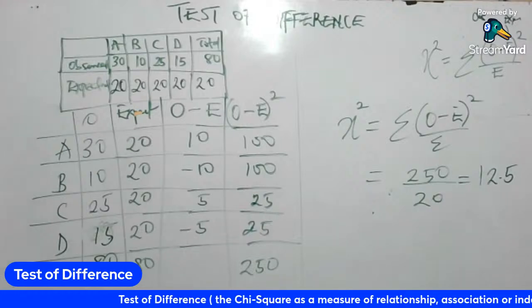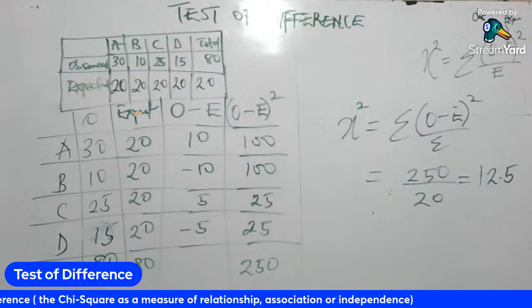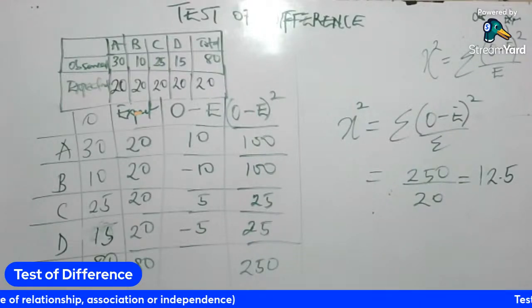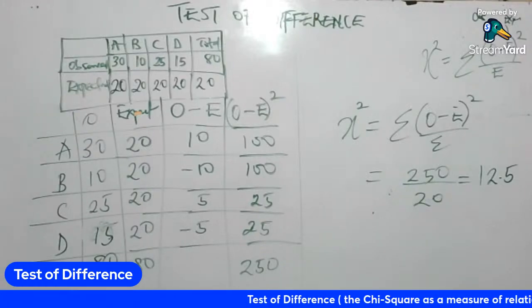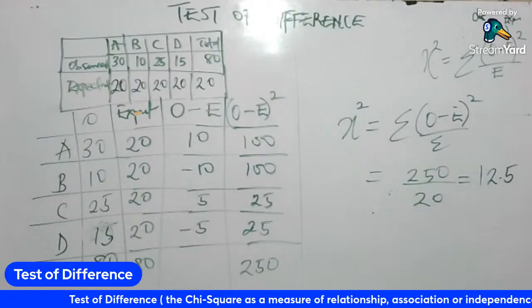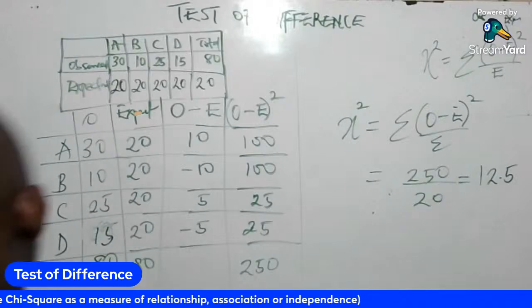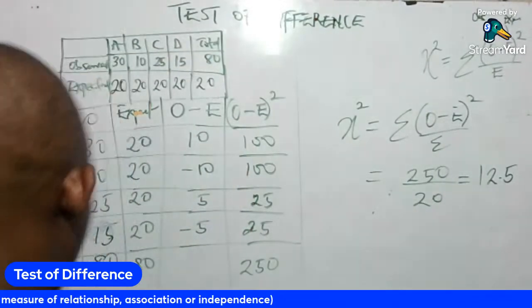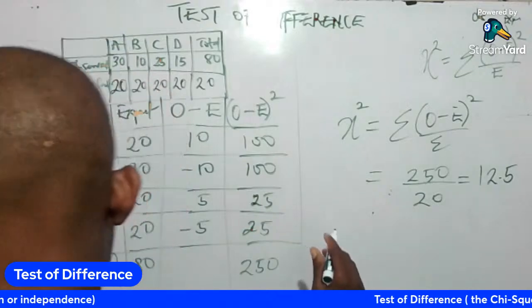So let's check from the table value. You take your table and go under your chi-square table, checking under 0.05 for your critical value.